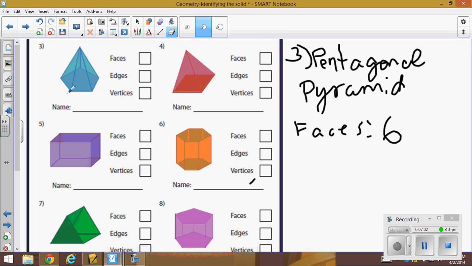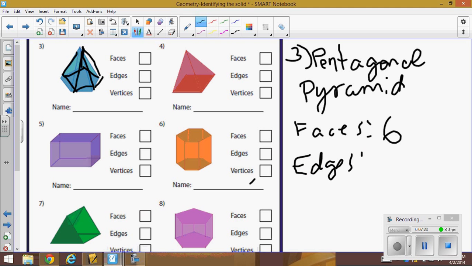Edges. Okay. Here's 1 edge, the back 2, there's still in the back 3, 4, 5, 6, 7, 8, 9, 10. So edges, I have 10. And vertices, it's just the point where all the lines meet.